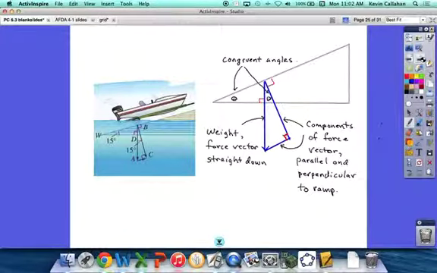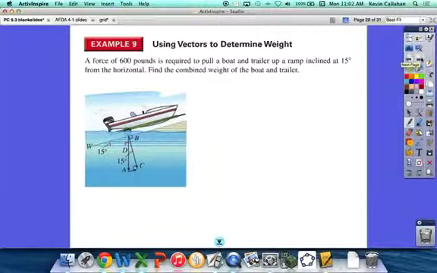So now we go back to this problem again. A force of 600 pounds is required to pull a boat and trailer up a ramp inclined at 15 degrees from the horizontal. So there's the 15 degrees. And they're saying that the force is in this direction right there, 600 pounds.